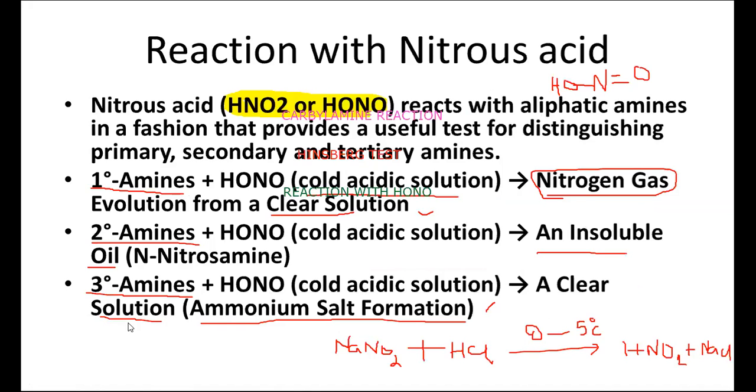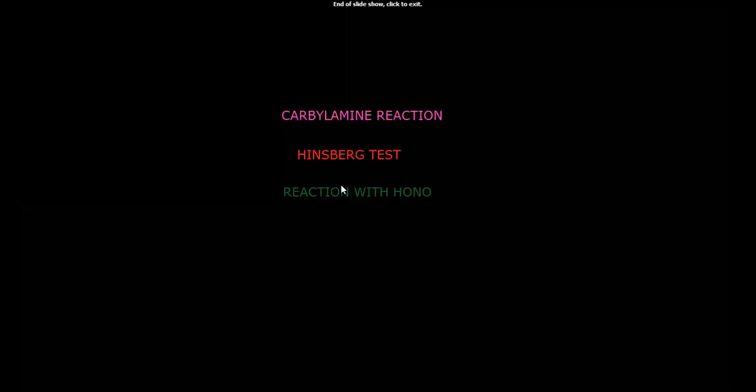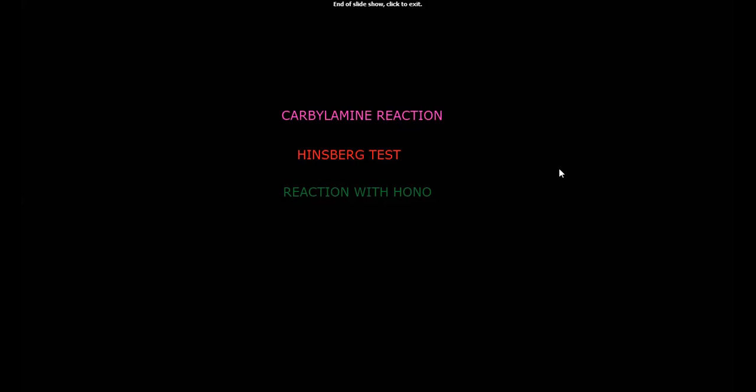A clear solution is formed. Only the ammonium salt is formed. Okay, and in this way, today we discussed mainly how to identify primary, secondary, and tertiary amines.